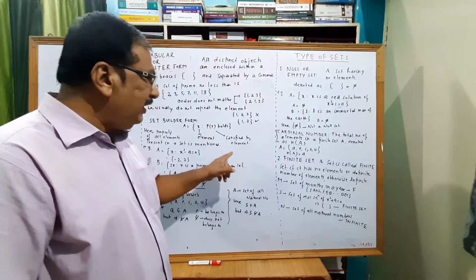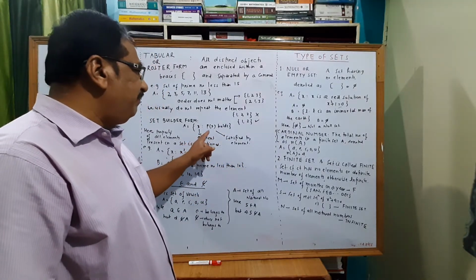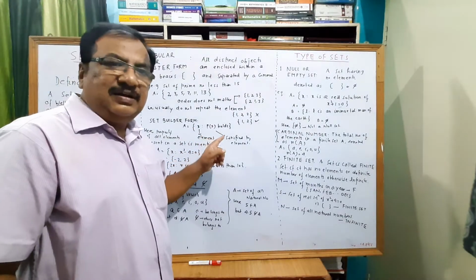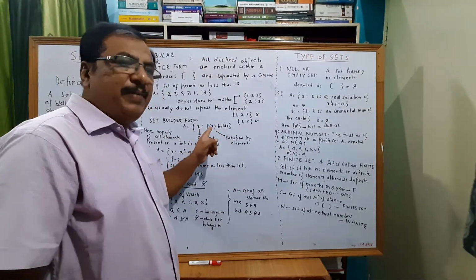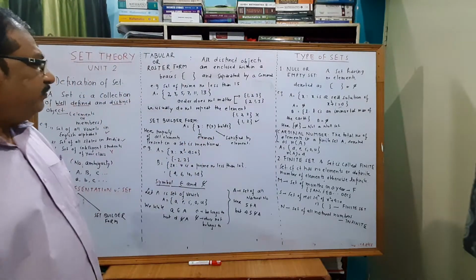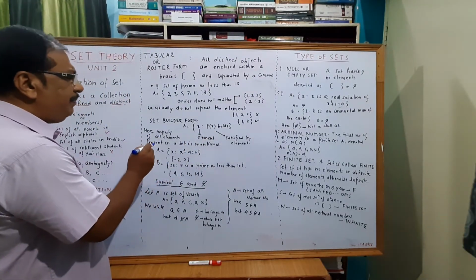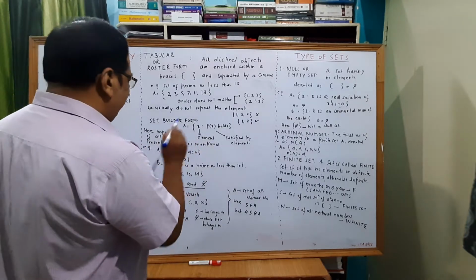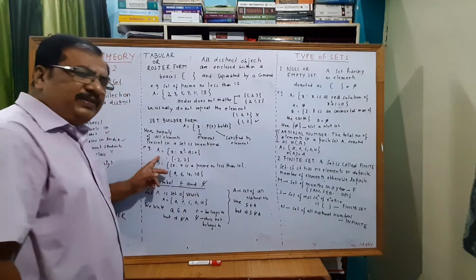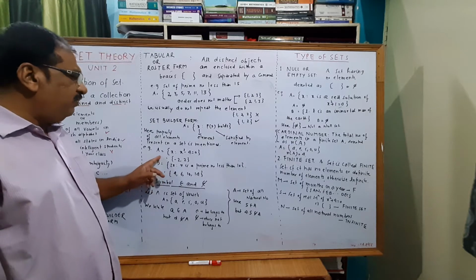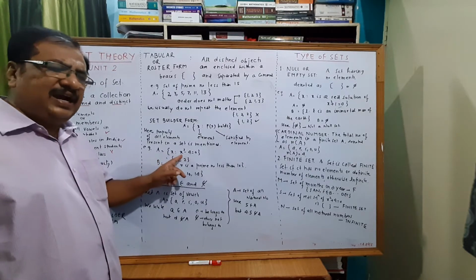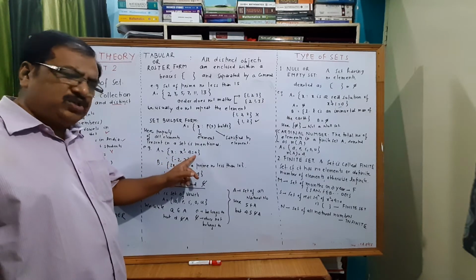That means only those elements will lie in this set which have the characteristic property mentioned here. So here the property of all elements present in a set is mentioned. Now, for example, A is the set of all elements x such that x squared minus 4 is equal to 0.